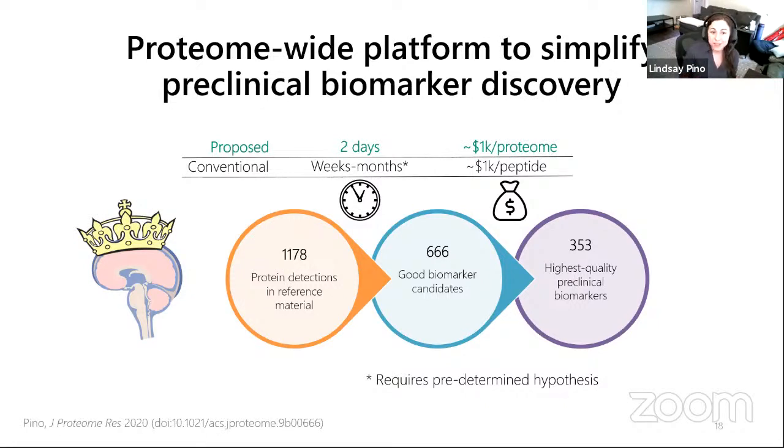You do one of those gas phase fractionated libraries, you figure out what you can detect in your sample, and then instead of spending $1,000 per peptide for stable isotope labeled paired standards, you spend about $1,000 per proteome, using either SILAC to shift the m/z values of your peptides, or other methods to dilute your reference proteome in a background. So DIA has already really enabled a lot of advances in doing quantifications and doing them very quickly.